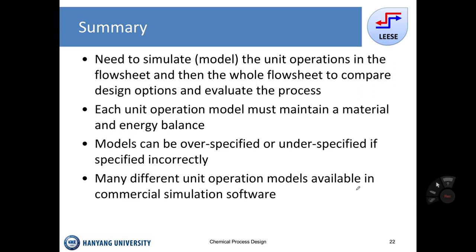Many different options are available. The typical tactic in the engineering world is to use commercial simulation software. Otherwise, we need to simplify the performance of the model, then simulate the whole process.